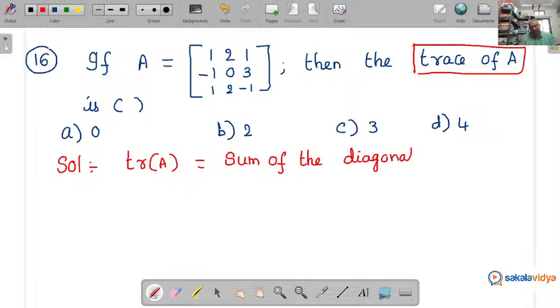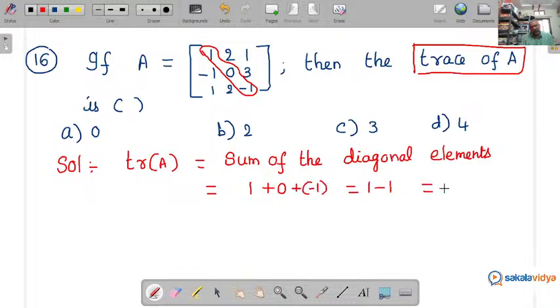This is the diagonal, and we need to find the sum of all the elements in this diagonal: 1 plus 0 plus minus 1. So 1 minus 1 is obviously 0. So the answer is 0. A is the right option.